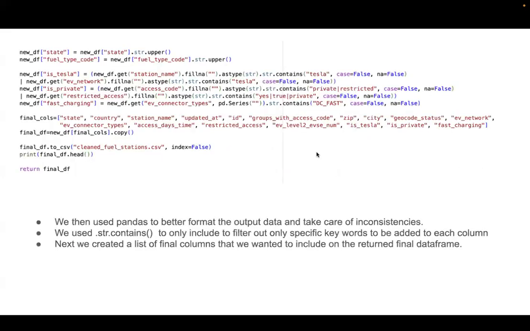Then we used pandas to better format the output data and take care of any inconsistencies with different str methods. For example, with str.contains, if we wanted to find out if something was Tesla, we would check whether it contained Tesla to add to our newly generated column. Then we created a list of final columns that we wanted to include in the final data frame and returned it.